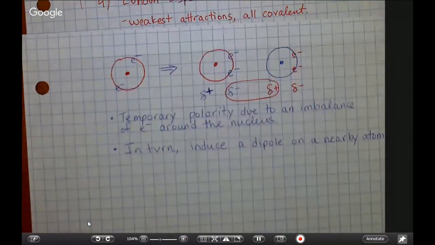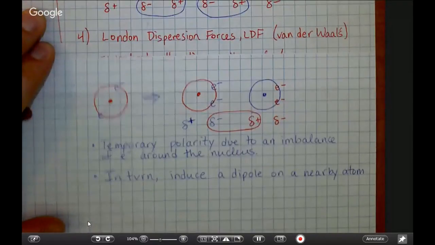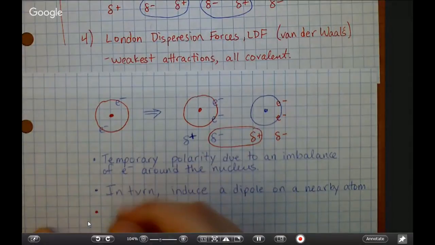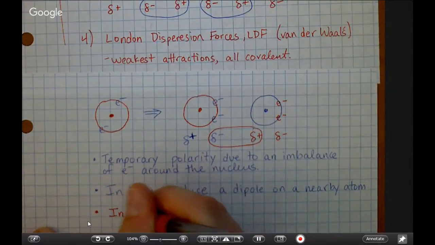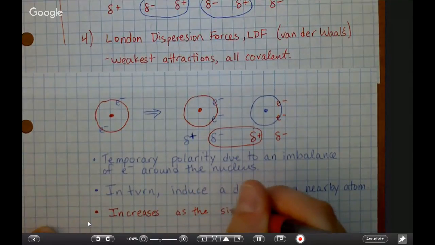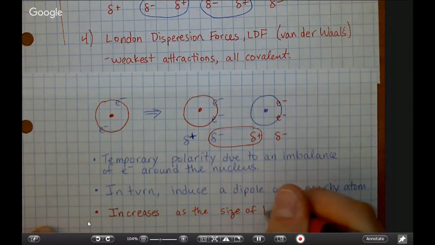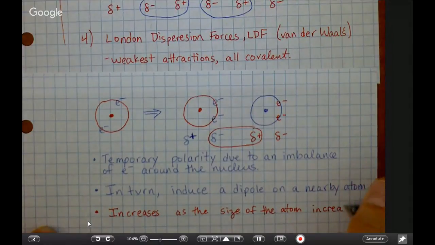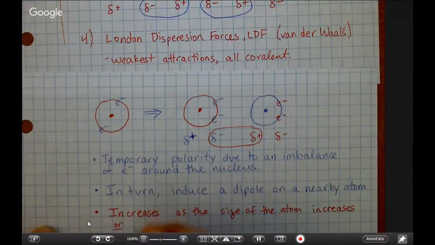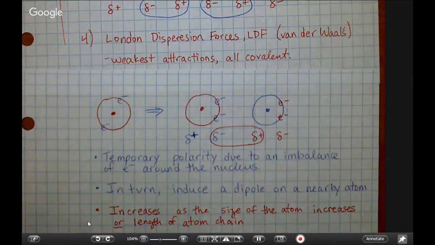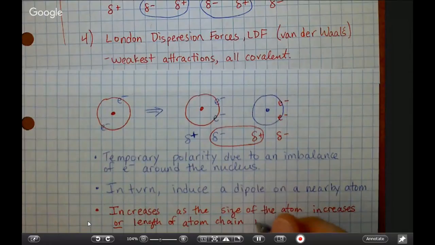Okay, so the last thing that I want to say about dispersion forces here is the following, that dispersion forces increase in strength as the size of the atom increases, or the length of an atom chain, which would be related to organic chemistry, where we have a long chain of carbons bonded together, if that chain increases.